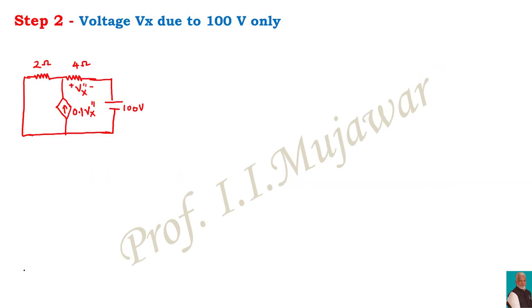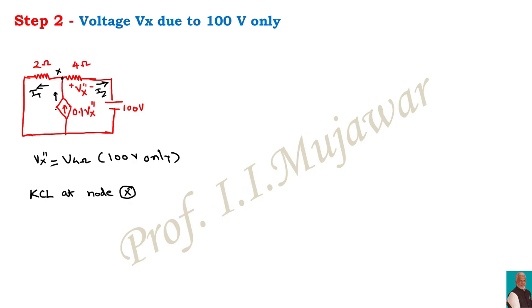In the next step, we have to calculate the voltage Vx due to the 100 volt supply. Again, say Vx double dash is the voltage across 4 ohm, that is V4 ohm, when the 100 volt supply is acting alone. Corresponding to this, the current is leaving the node, this point is X, whereas this is the current coming into point X. I write these currents as I1, I2 and I3.